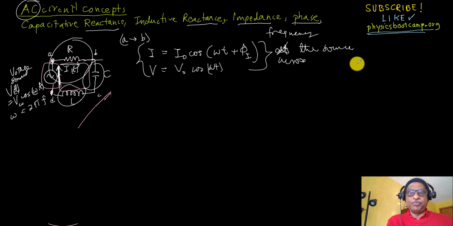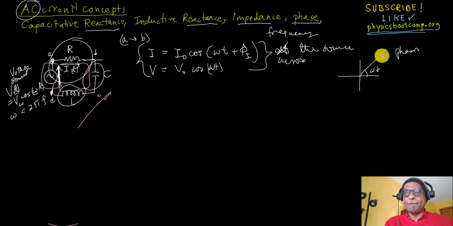So we already said we can represent V this way. This is a phasor notation. So like a vector this way, and only the x component is what this phasor is representing, V0 cosine omega t.